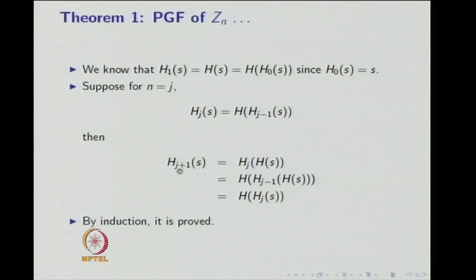Then we can find out what is hj plus 1 of s. That is nothing but hj of h of s, that is same as h of hj minus 1 of h of s, that is same as h of hj of s. By induction, it is proved.